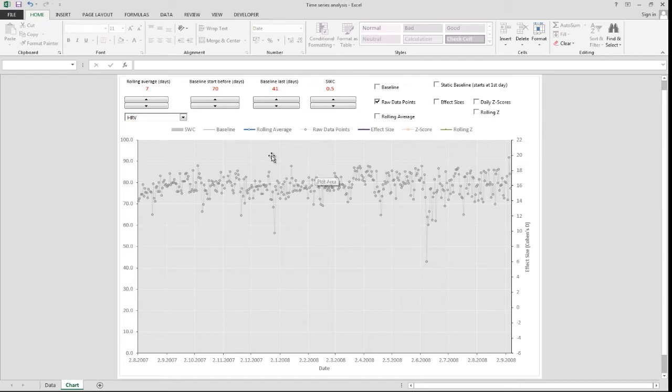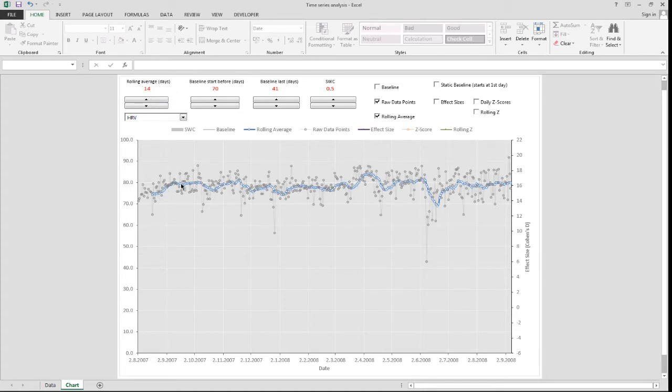Again, one thing is to calculate something that's called a rolling average. By setting this number, we take the last 7 days up to the last 14 days of the data. As you can see, the curve is getting smoothed out when more days are involved, and that's the idea behind a baseline, which we're going to cover a bit later.